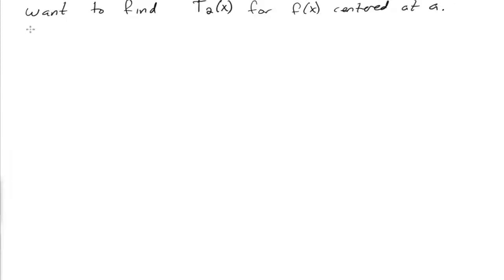So what are the requirements? The requirements are that the value of the function should match the first derivative and the second derivative, right? So we're going 1 degree higher to see if we can do a little bit better than what we had before. So the requirements are that T2 of a should equal f of a.